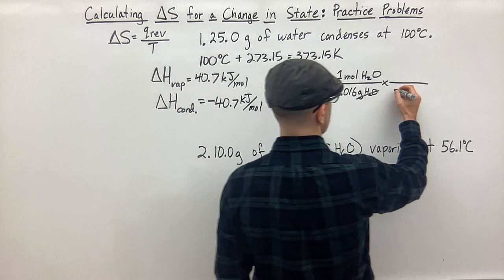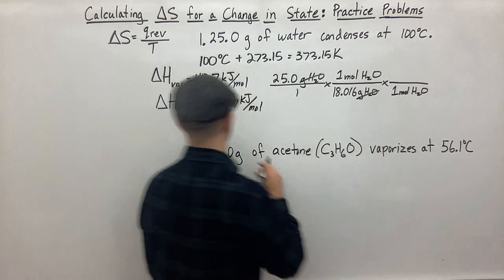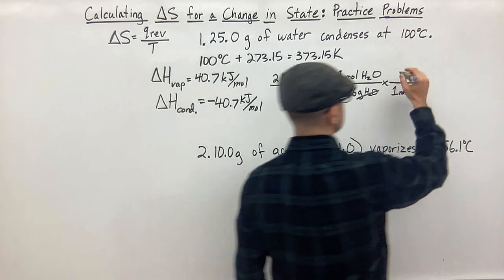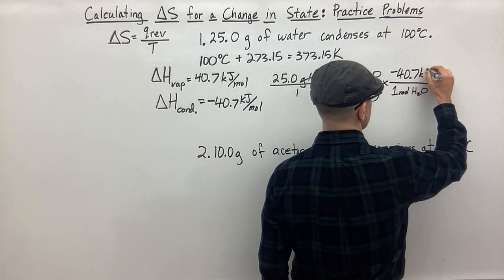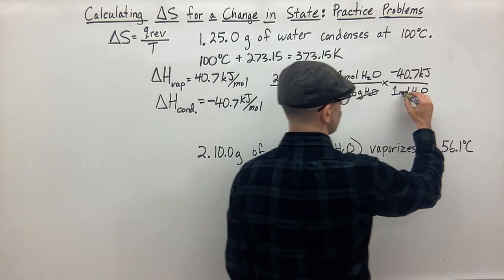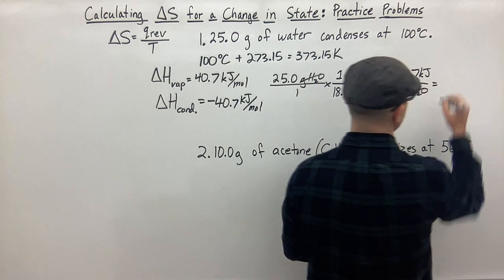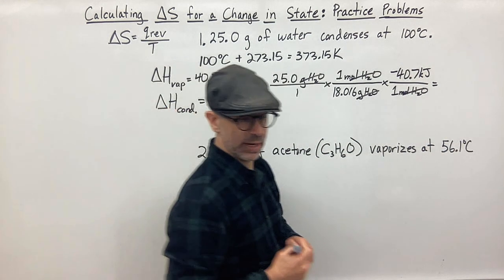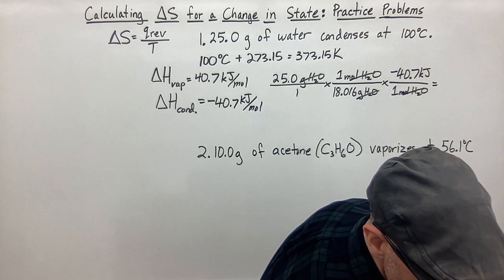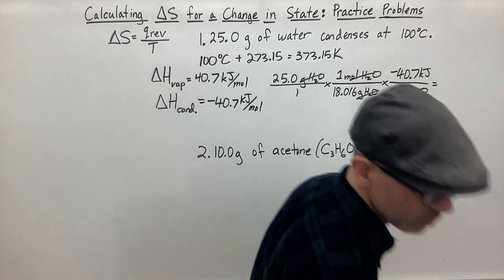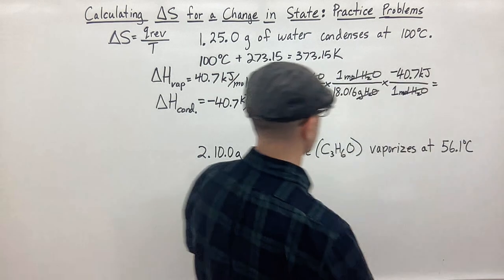So then I put 1 mole of water here, and the negative 40.7 kilojoules goes on top. So the moles of water cancel out, and now I have kilojoules. When I calculate that out, one more step, I forgot.